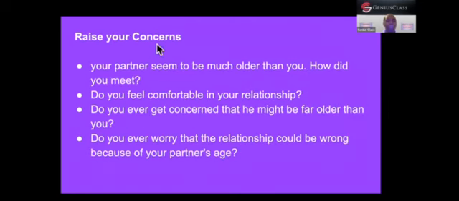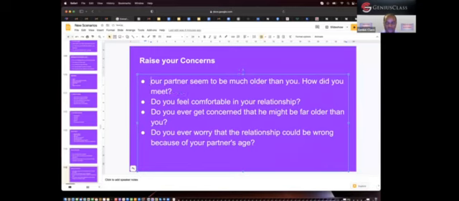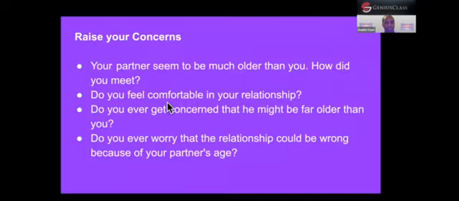Then you raise your concerns about the relationship. You say, your partner seems to be much older than you. How did you meet your partner? Do you feel comfortable in your relationship?